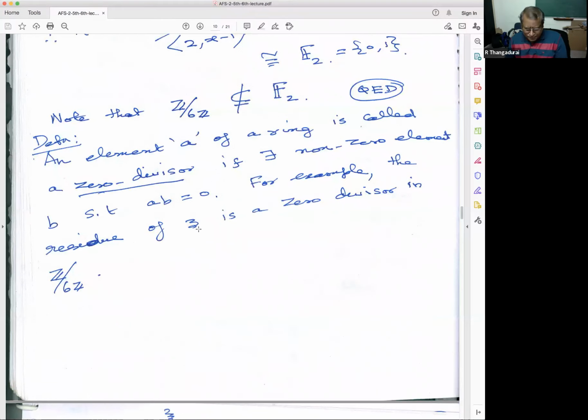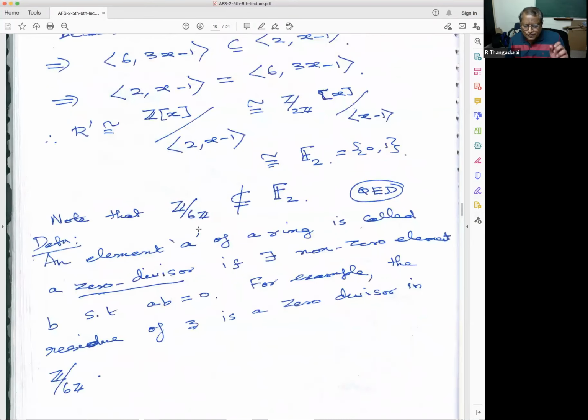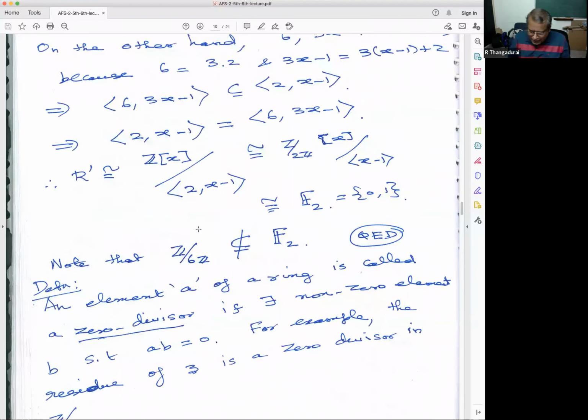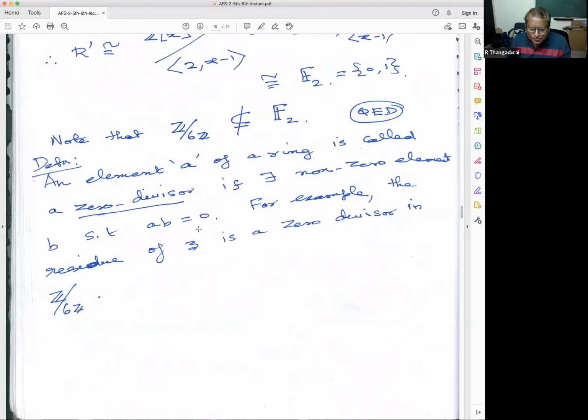So if a zero divisor is there, and we attach an inverse of a zero divisor to the given ring, then that is not an extension. That's what we found on this particular page.